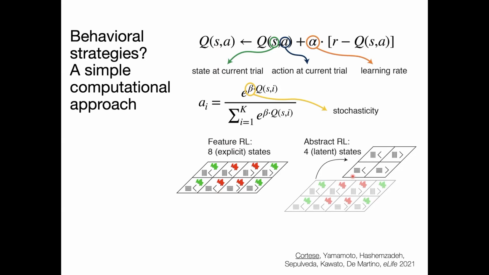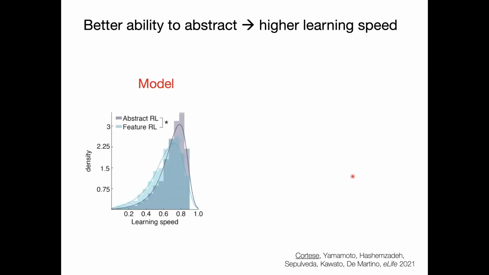And so we can really arbitrate on the strategy that they were using. From a very simple modeling point of view, it's good to see that the abstract RL shows overall higher learning speed. This is really expected because the space to explore is smaller, and the model itself is an oracle, so it always takes the correct states.